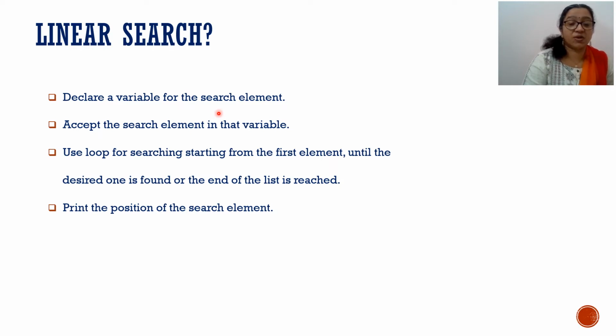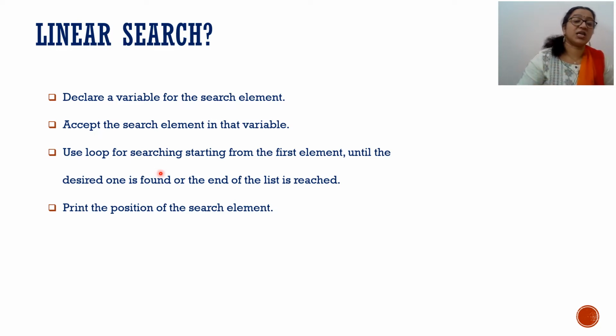Then next, we want to check whether that value is there in the array or not. The array has a group of values, so we want to check from the first element onwards. How can we check that? Yes, use a loop. Why are we using a loop? See, the loop searches starting from the first element until the desired one is found, because a collection of values is there.